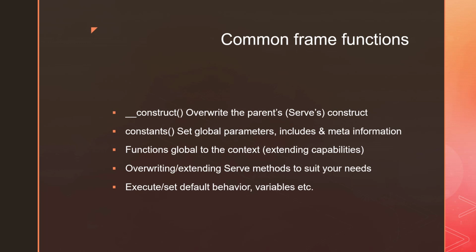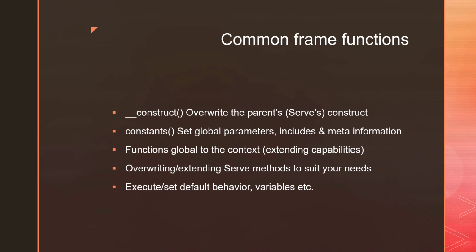One of the most obvious things is a construct function. So serve, the core, constructs the general ability to have everything available to you and inherit everything that you need.